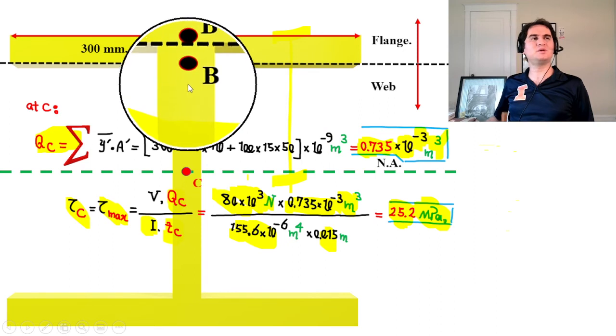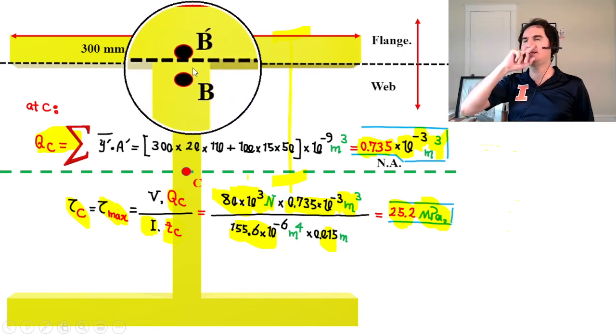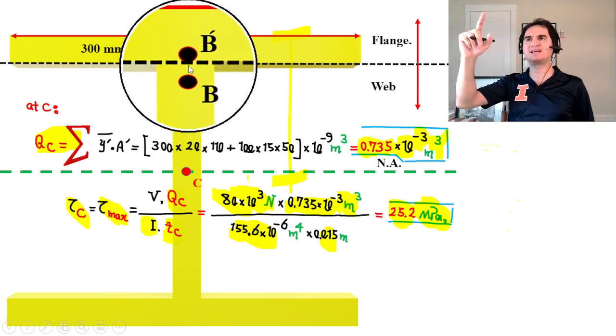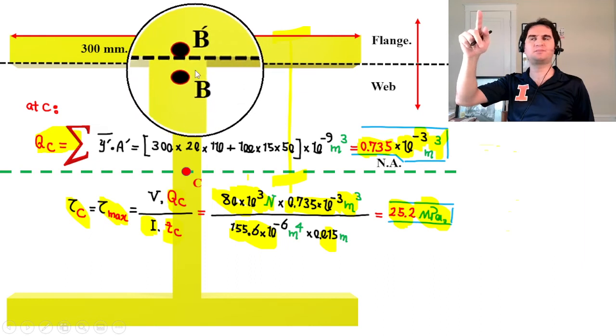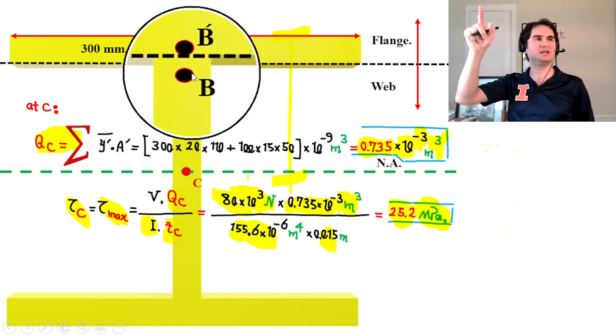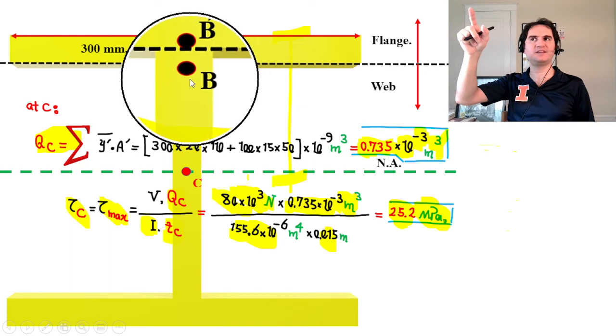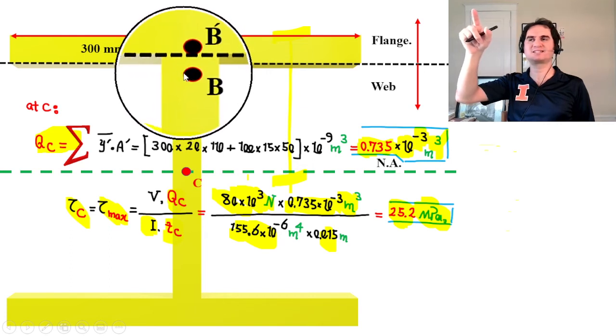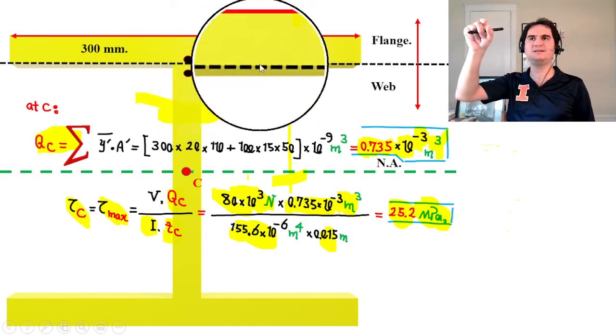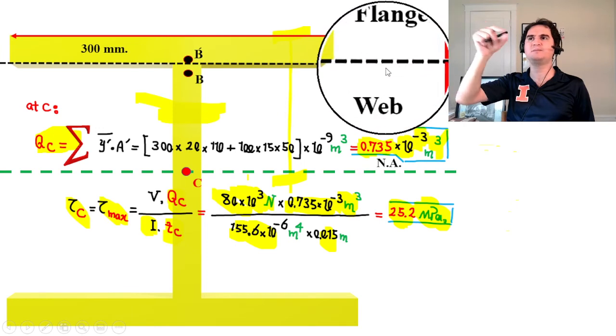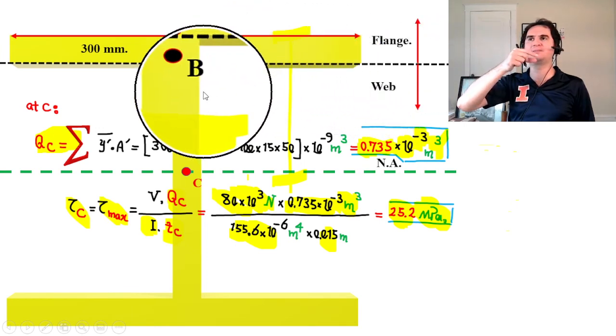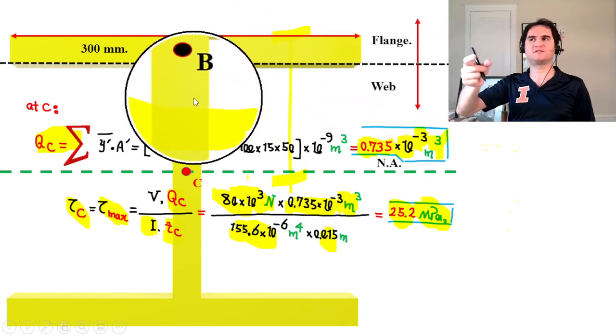One is smaller by this much, higher than the separation line, which goes by B prime, and that stands in the top flange, and B is just a smaller amount lower than the separation line of flange and web, and that stands in the web. So that goes by the thickness of web.